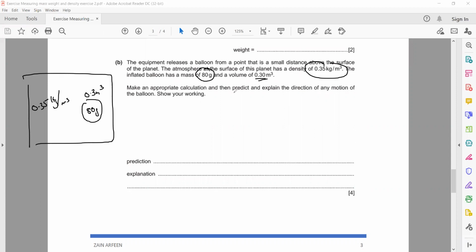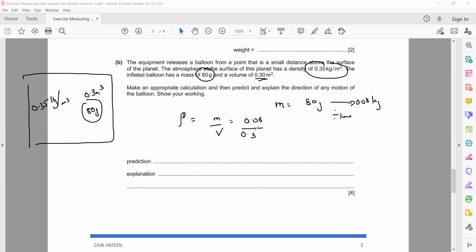So it is 80 gram. We'll convert the mass of the balloon in kilogram. So converting gram into kilogram, we'll divide by 1000. So it will come out as 0.08. To get the density of the balloon, mass divided by volume, so 0.08 divided by the volume of the balloon, which is 0.3.